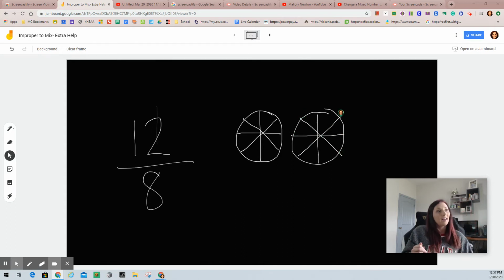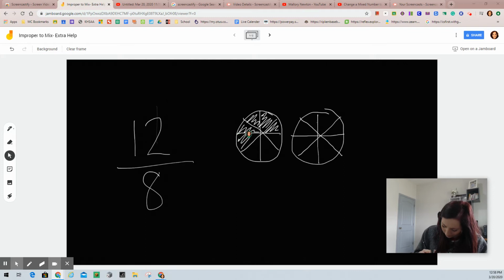All right, now it says I have 12 slices of a pizza that is cut into eighths. So let's color them in. 1, 2, 3, 4, 5, 6, 7, 8, 9, 10, 11, 12. Okay, so there's my 12 slices.